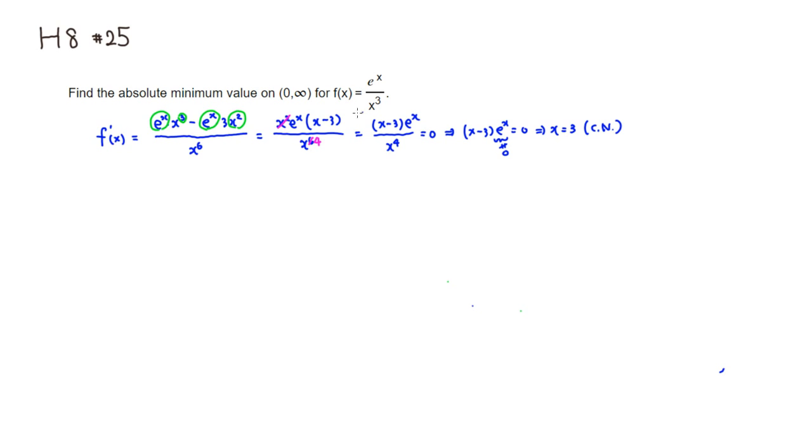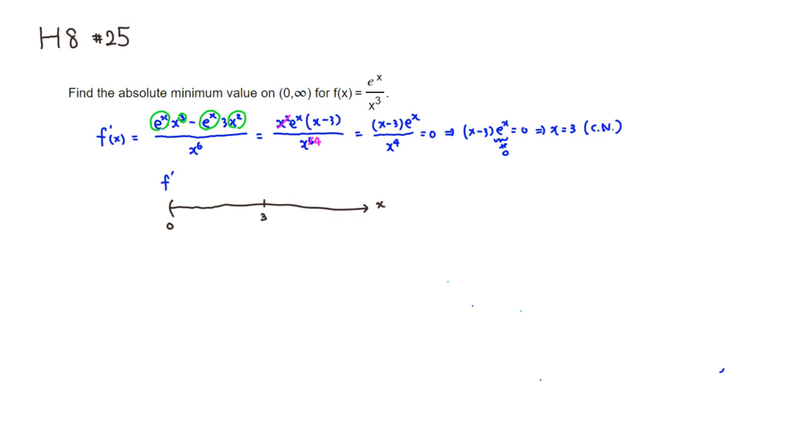Also, the domain we're talking about is from 0 to infinity. So if you do the number line check here, from 0 to infinity, the critical number is at 3. Then I'm going to check the increasing and decreasing behavior.